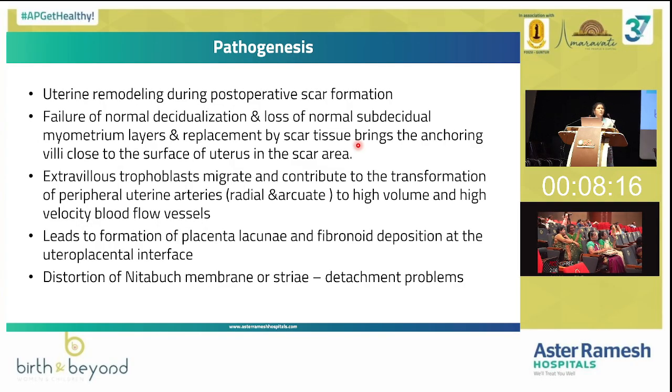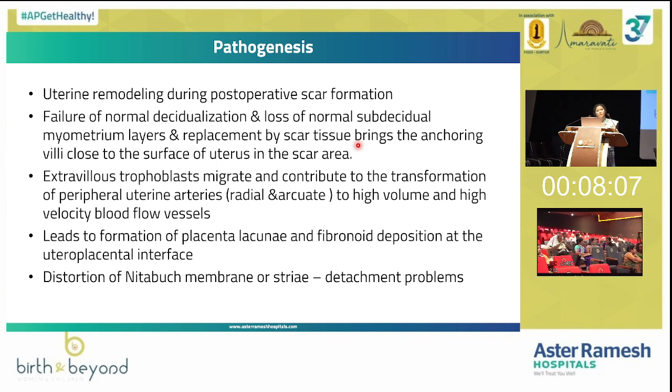So what is the pathogenesis of placenta accreta? During scar formation, there will be uterine remodeling that leads to failure of normal decidualization and loss of subdecidual myometrial layers. So in the scar tissue, the villi will be directly anchoring to the myometrium or perimetrium.